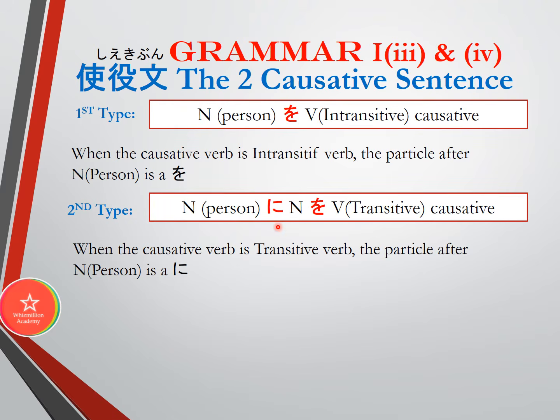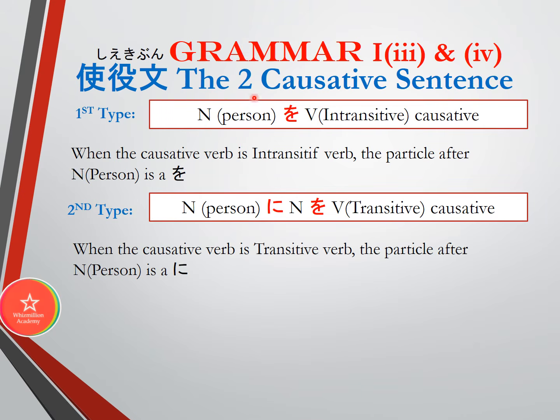If you look at a real example, it may become quite tricky, where you have additional information between the person receiving and the action. One thing you have to remember is that this causative verb is carried out by the person receiving the instruction or the permission.